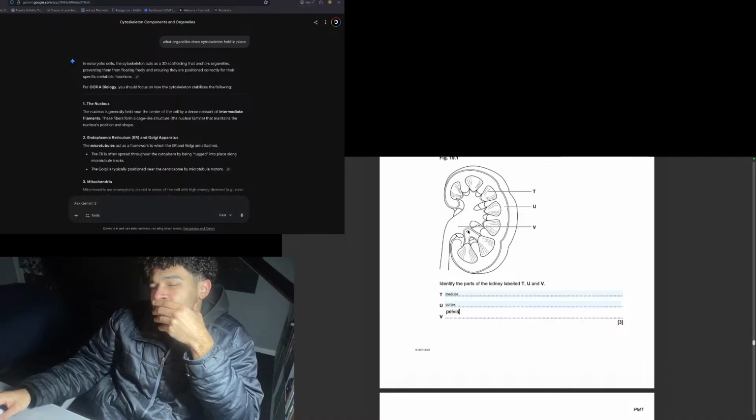The filtration definitely doesn't happen in the pelvis. It just looks like it happens here. Yeah, what happened in U? When it goes down deep in the medulla, that's like the loop of Henle. So it might actually happen in U. That's where blood is first.